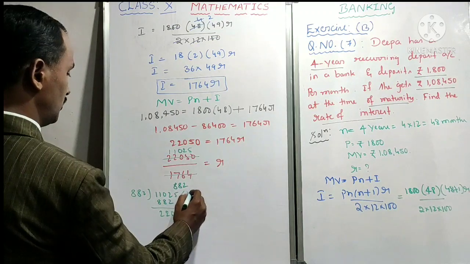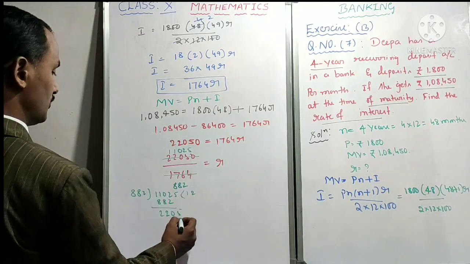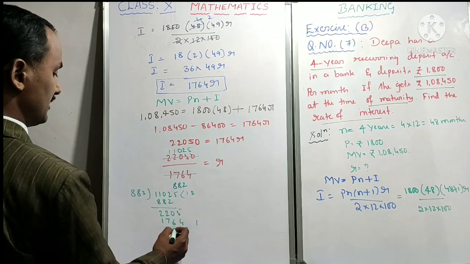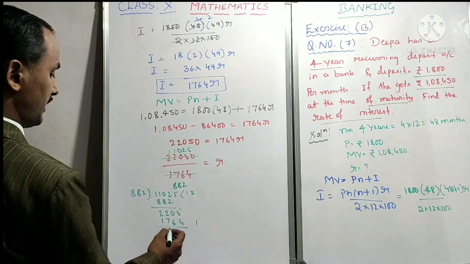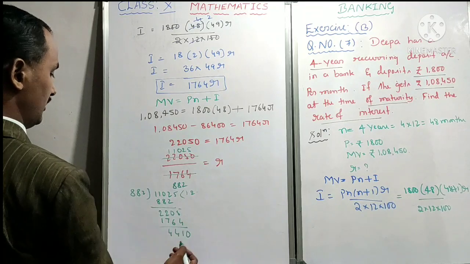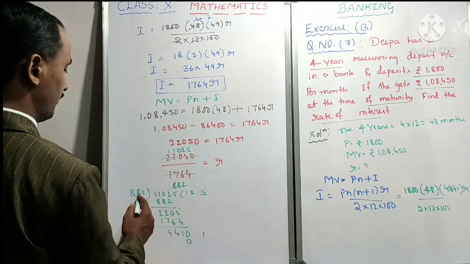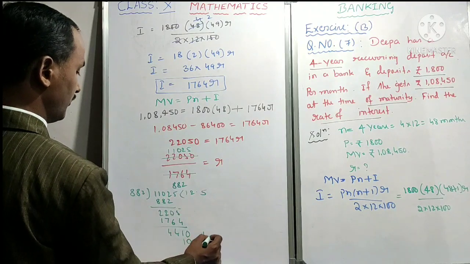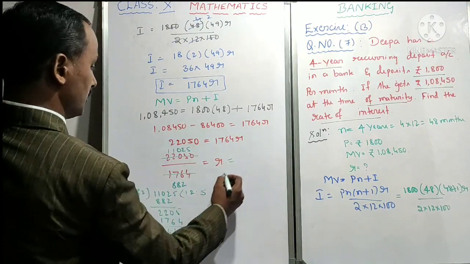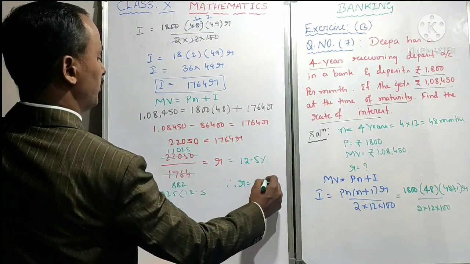Now 2 2s are 4, 2 8s are 16, 1 carry, 2 8s are 16 plus 1 is 17. Then 11 minus 7 became 4, 0. Now decimal point 0, then I will go to 5. 5 2s are 10, 0 and 1 carry, 5 8s are 40 plus 1 is 41, give 1, 4 carry, 5 8s are 40 plus 4 is 44. We got 0. Now R is equal to 12.5%. Finally, you write R is equal to 12.5%.